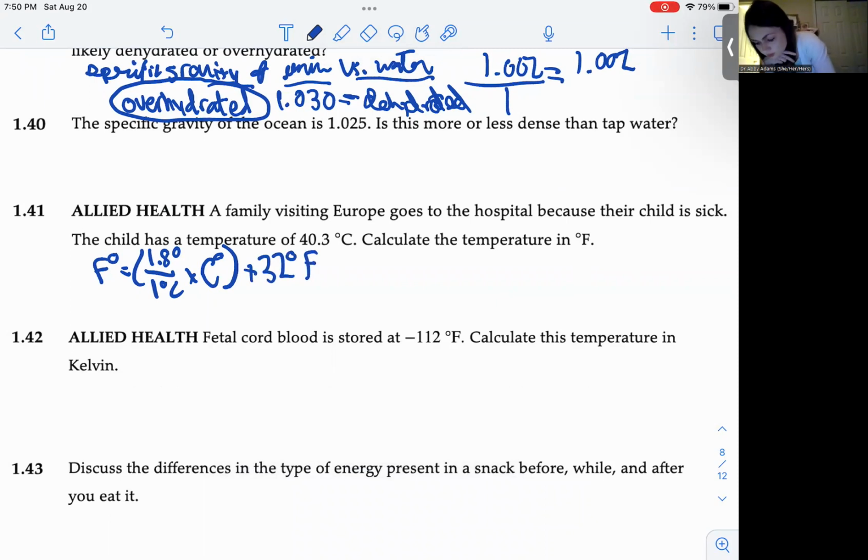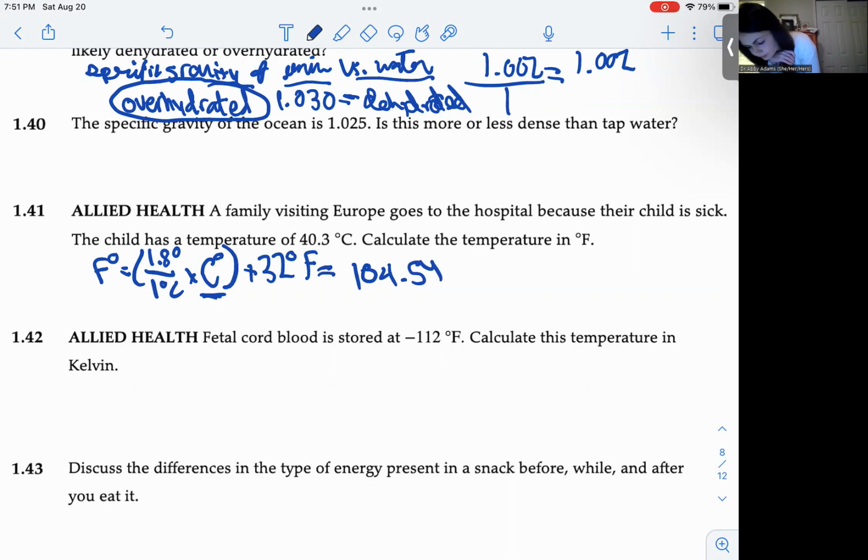And that's going to give us degrees Fahrenheit. All right, so go ahead and plug in your Celsius in your calculator, and you're going to get the readout that you'd probably get on your thermometer, 104.5.